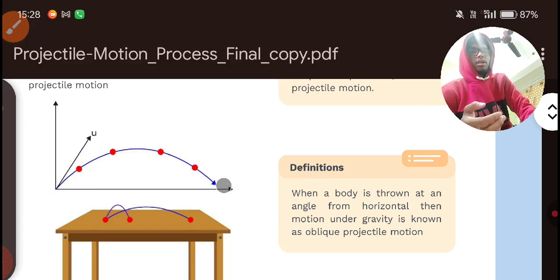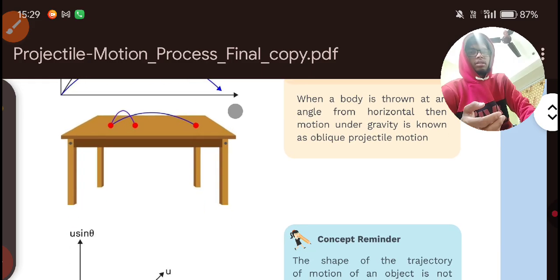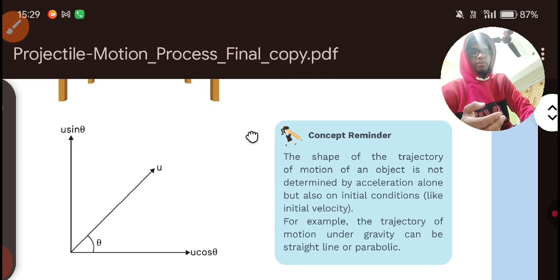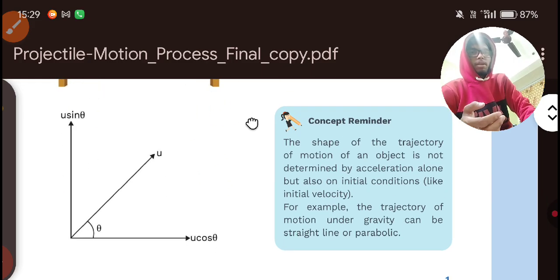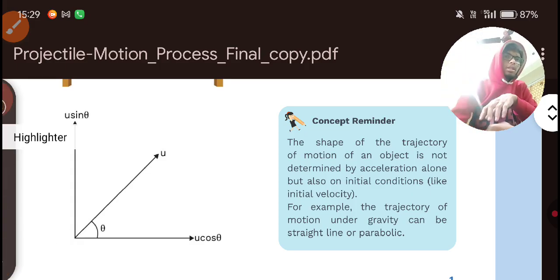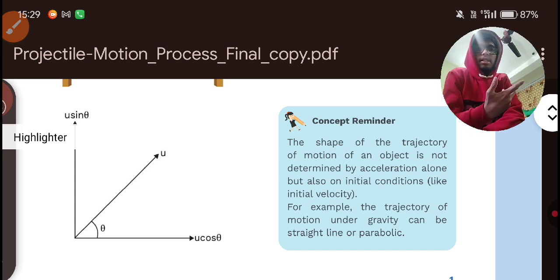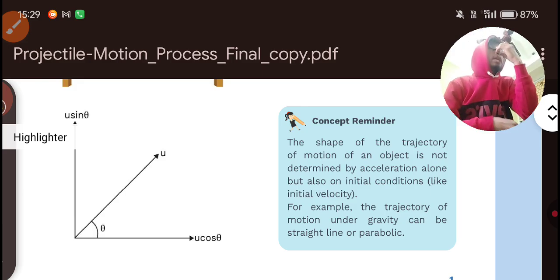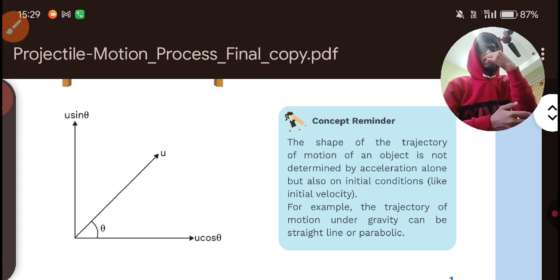Now let me move on. Concept reminder. This will help you. Right now we are understanding the concepts of projectile motion, so that we can easily understand the questions that will come here.